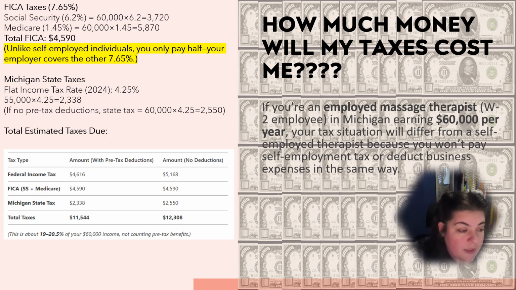Michigan State around 2,300, so you're looking at 11,500 thereabouts. If you paid no pre-tax deductions going in, you're looking at 12,300. So you're looking at an increase of about $800. So this can be between 19 and 21% of your $60,000 income if you're not counting those pre-tax benefits.